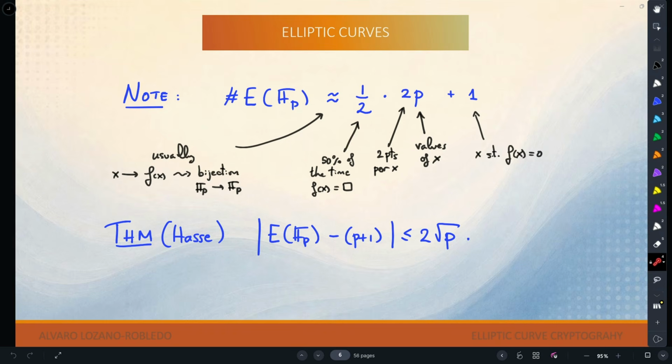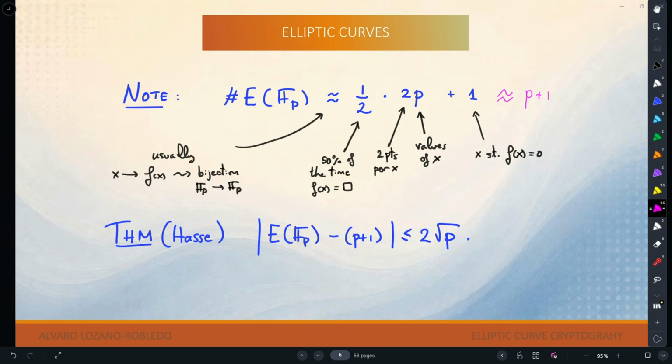And there should be a value, in general, if this is a bijection, there should be a value that f(x) is 0, in which case I don't have 2 options for y, it is just 0. So that is plus 1. So if you multiply a half times 2p plus 1, this says that there should be about p plus 1 points on any given elliptic curve modulo p.